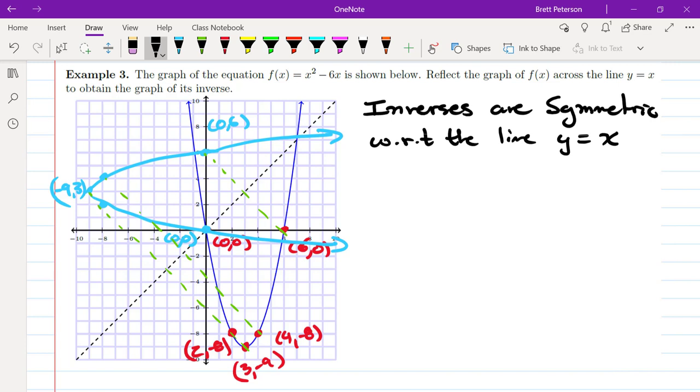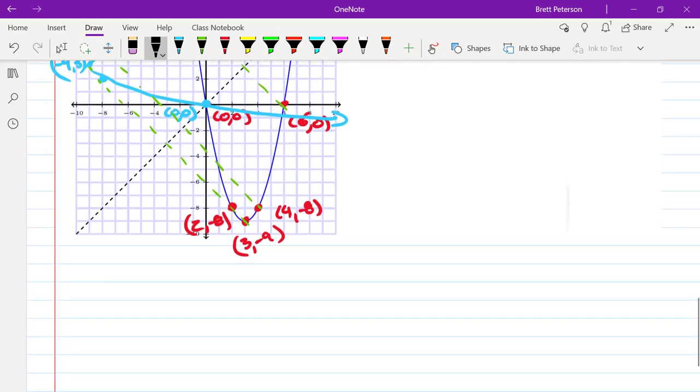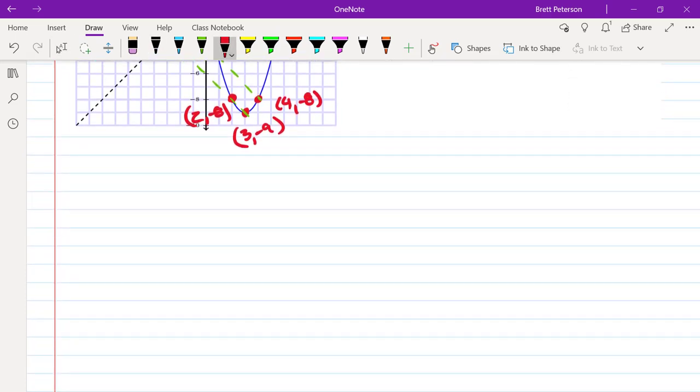All right, we'll come back to this picture in a minute, but let's grab a couple of definitions. So, first definition is of a one-to-one function.